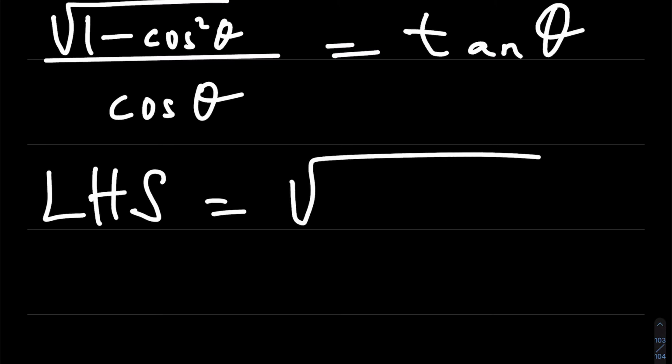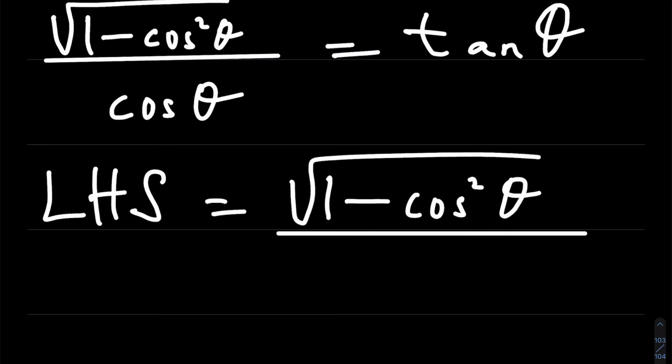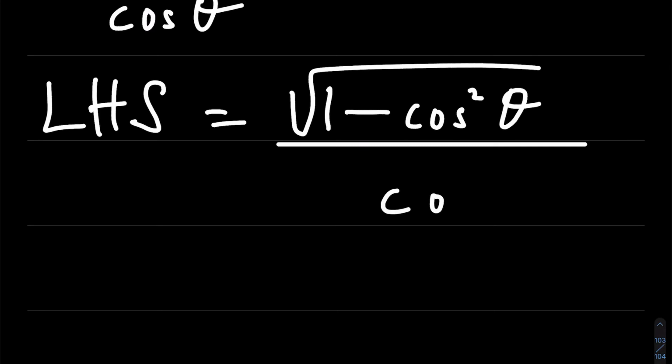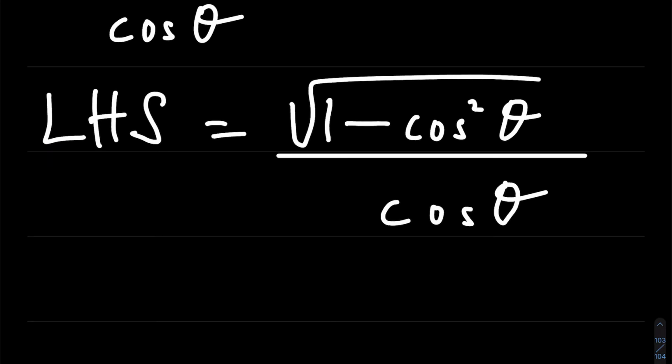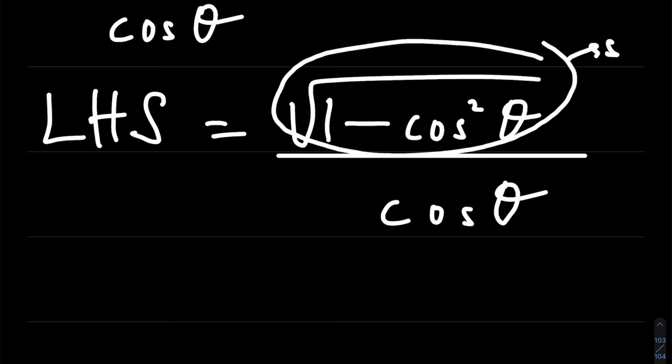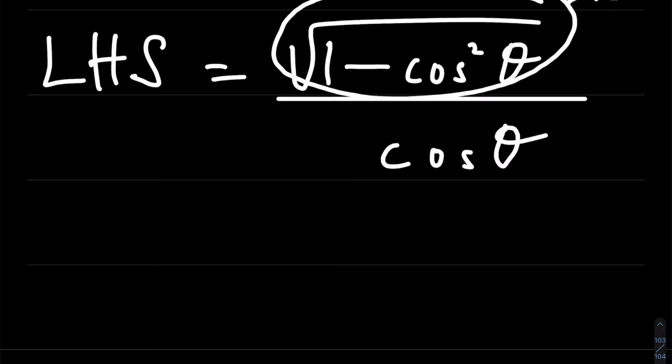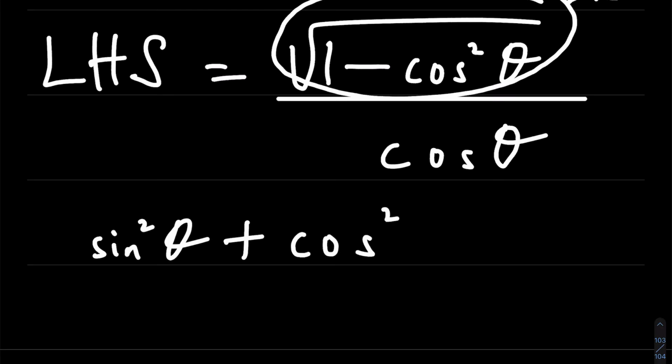I want to show that the left hand side is equal to the right hand side. The left hand side is the square root of 1 minus cos squared theta over cos theta. We can see that this numerator is the same as sine theta. Let's show that sine squared theta plus cos squared theta is equal to 1.